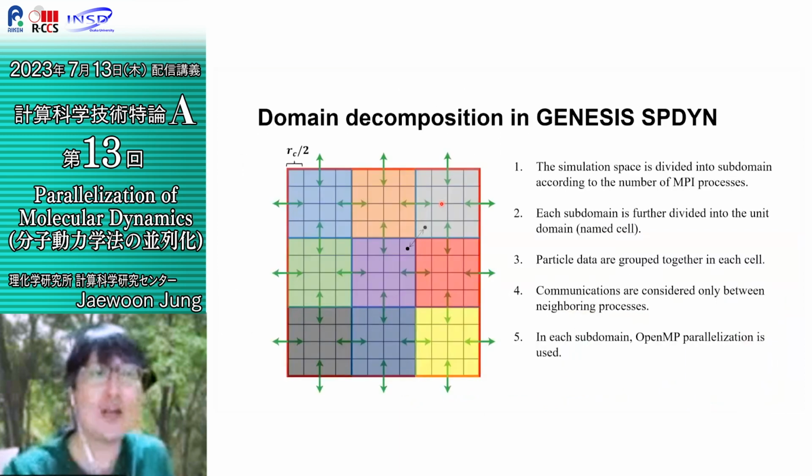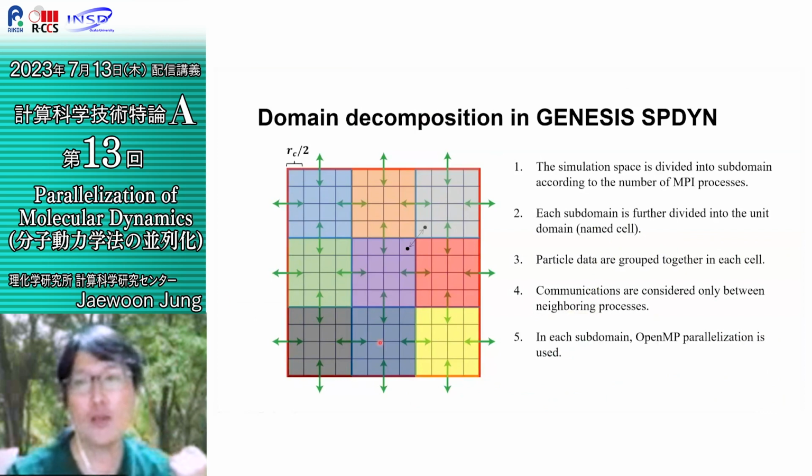In GENESIS, we are making use of domain decomposition. The whole space is first divided into subdomains according to the number of MPI processes. Here I assumed 9 MPIs. Each MPI subdomain we further divide into unit domains, named cells.